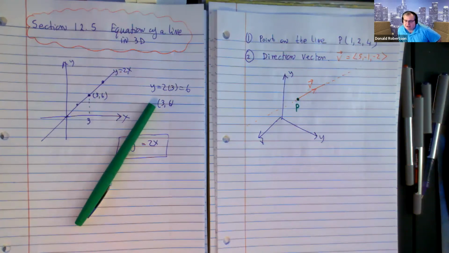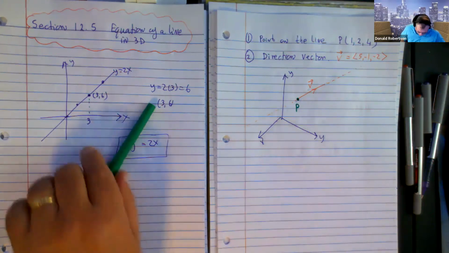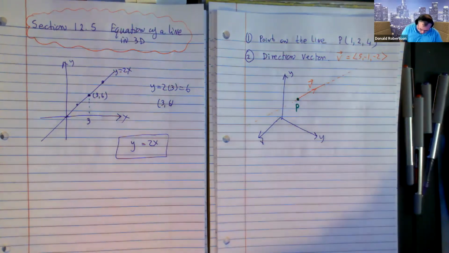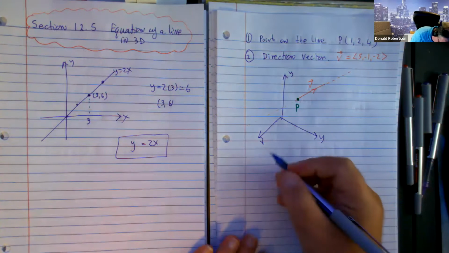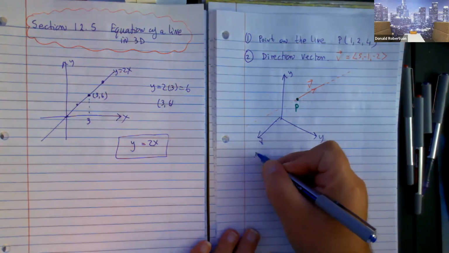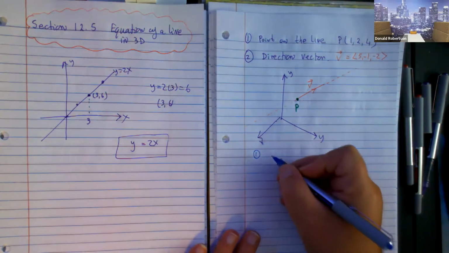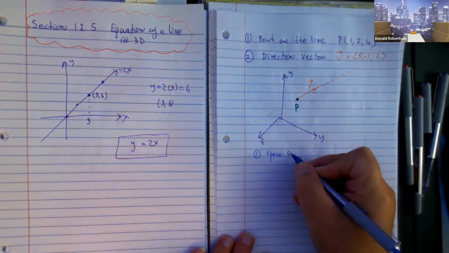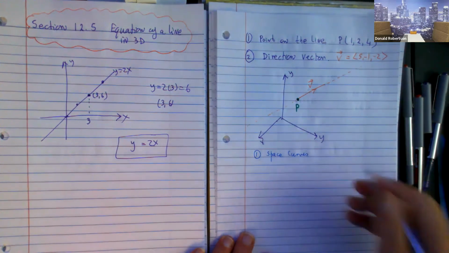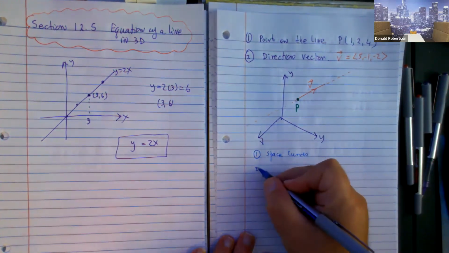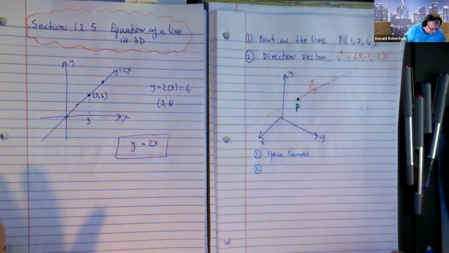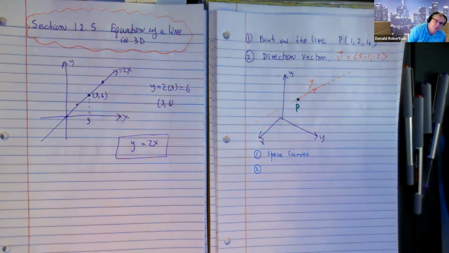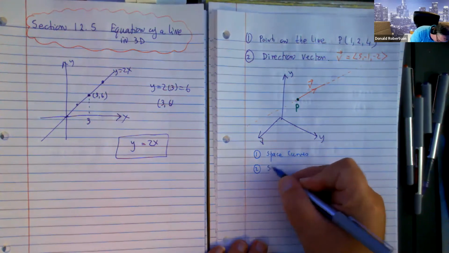Then how do we express the equation of this line? Well, there are 2 ways in which you can express it. One is using what are called space curves. The other is called, what's the name of them? I'm trying to remember. I think it's called standard form.